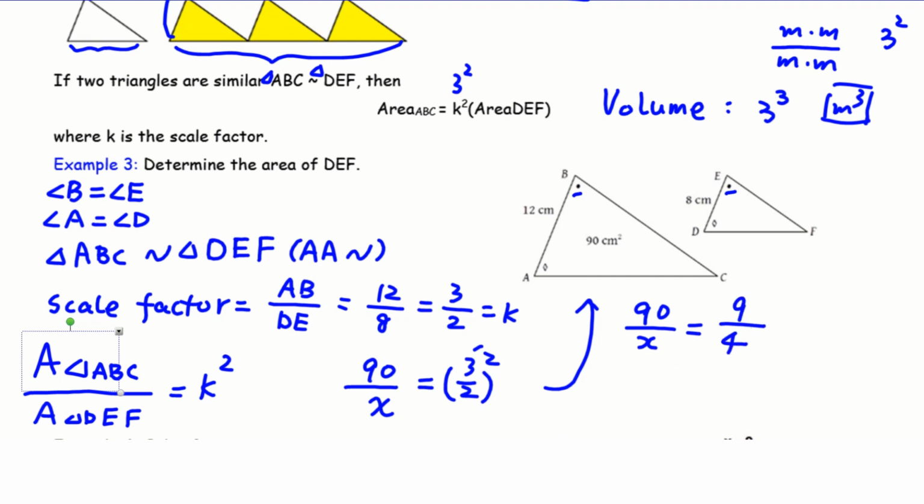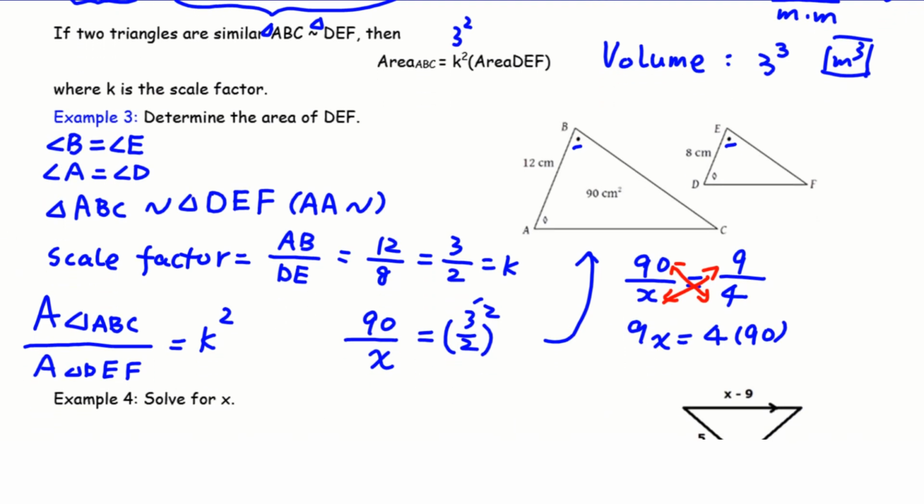Then we do the cross multiply again. We have 9 times x equals 4 times 90. In order to solve for x, we bring the 9 to the other side. Its opposite operation is division. Then we do the calculation. You will have x equals 40.